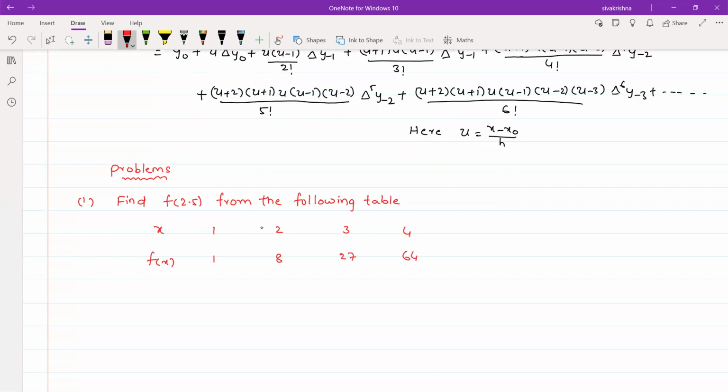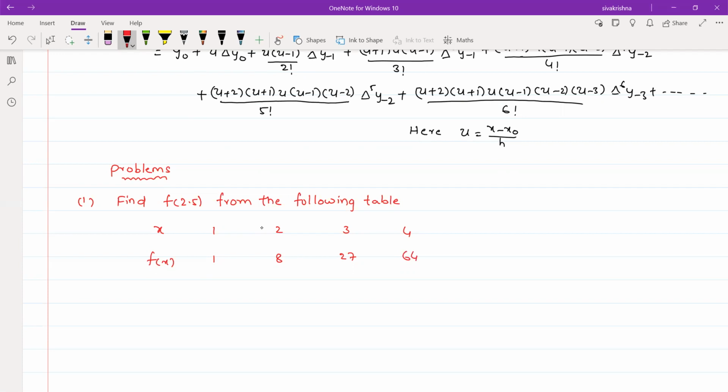Here x naught should be in the center of the table. Since we have to find the value of y corresponding to x equal to 2.5, and that 2.5 lies between 2 and 3, we have to choose x naught either as 2 or 3.